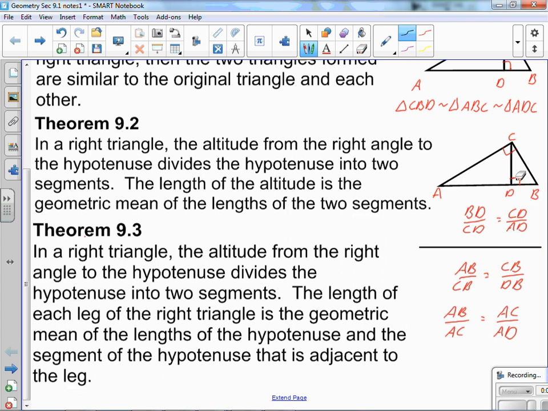Right, so CA will go on the top and bottom with AB and AD. CB we go on the top and bottom with the whole hypotenuse AB and DB. Right? So this altitude's like a dividing line. So it's the whole hypotenuse and the part that's on the same side of that dividing line as the leg that we're looking at.